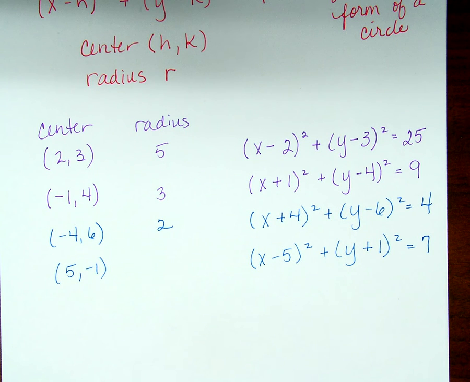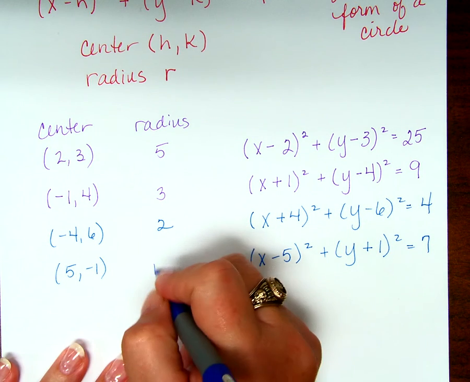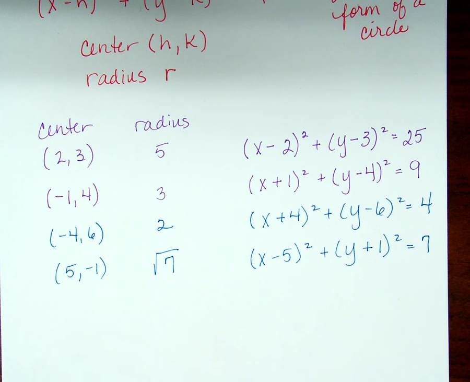And what's the radius? What? Yeah. I don't know what the square root of 7 is. Just write the square root of 7.